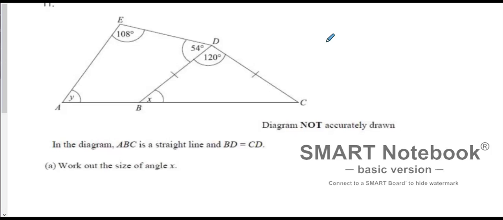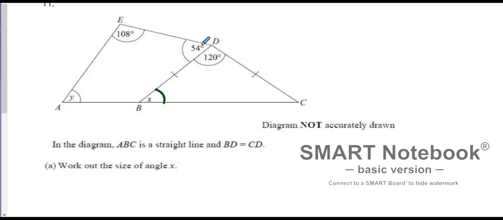In the diagram, ABC is a straight line, and BD equals CD. Work out the size of the angle X.